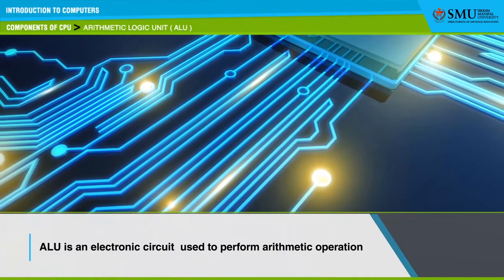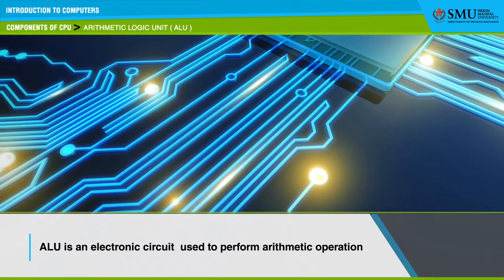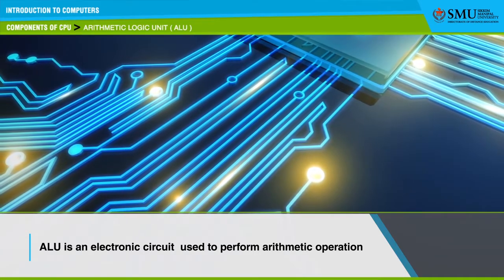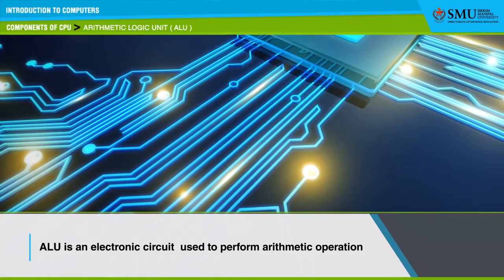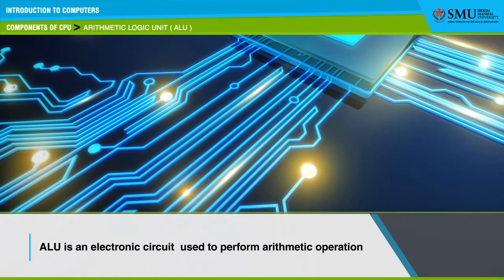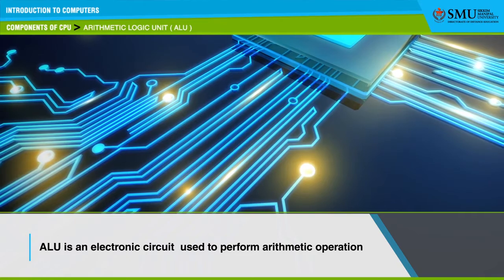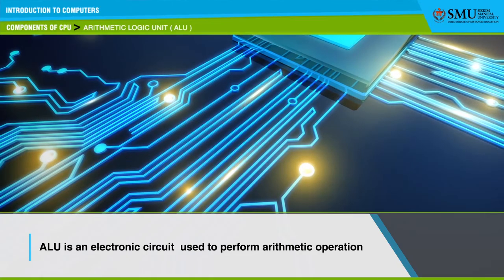A comparison operation allows a program to make decisions based on its data input and results of the previous calculations. Logical operations can be used to determine whether a particular statement is true or false. The ALU operates on the data available in the main memory and sends them back to main memory after processing.